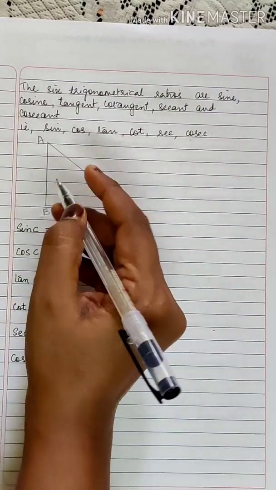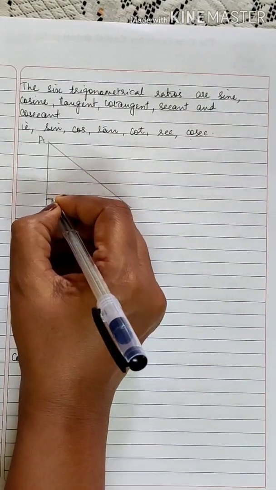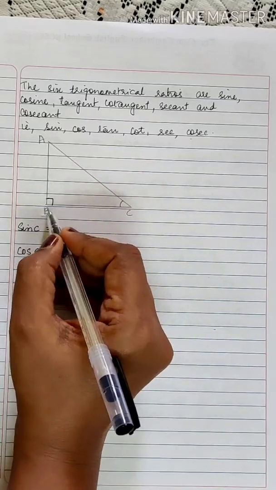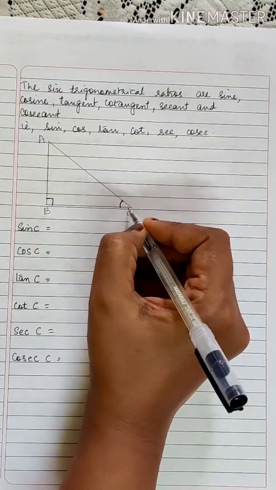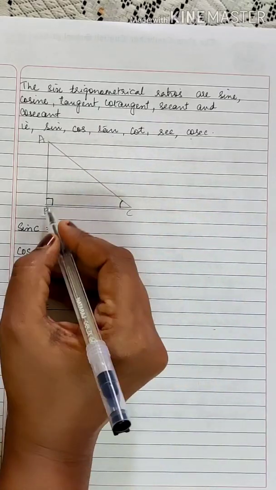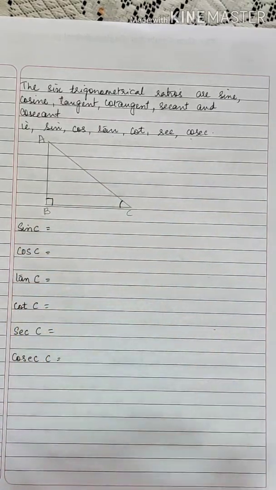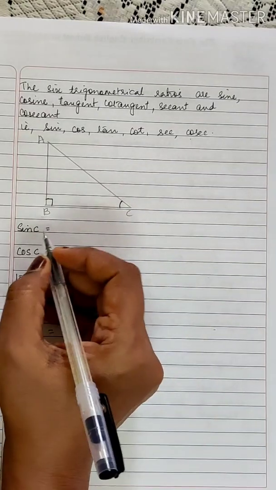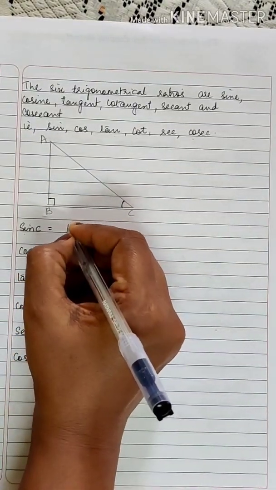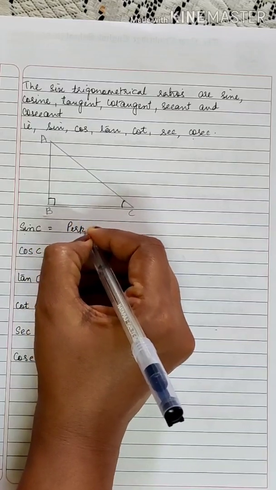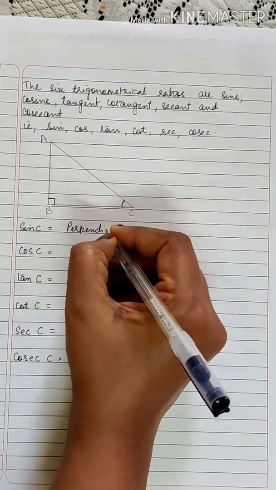Here, you have a right angle triangle, triangle ABC, right angled at B, and angle C is your reference angle, and we will define how these ratios have to be formed. See here, sine C. Sine C is given by perpendicular by hypotenuse.